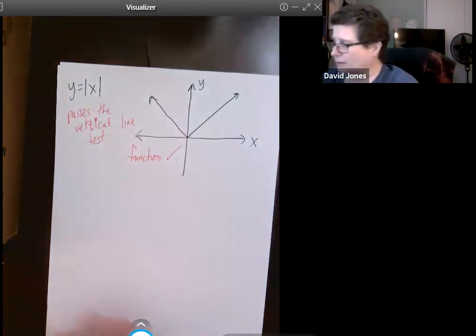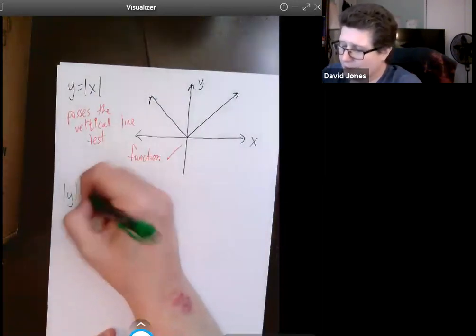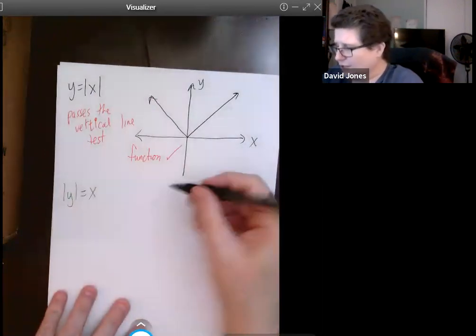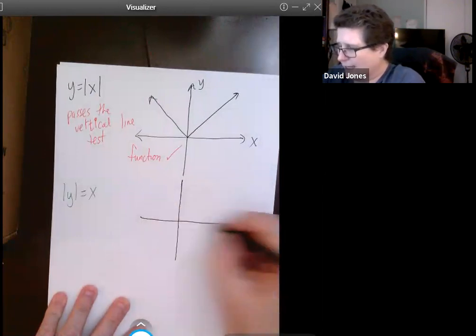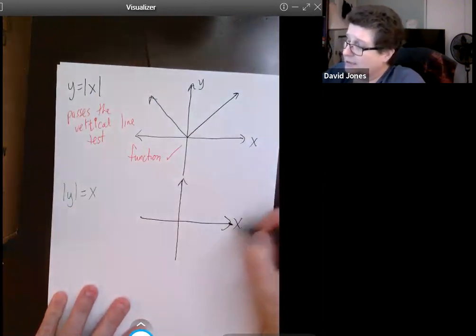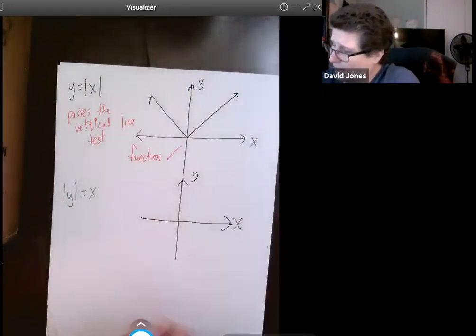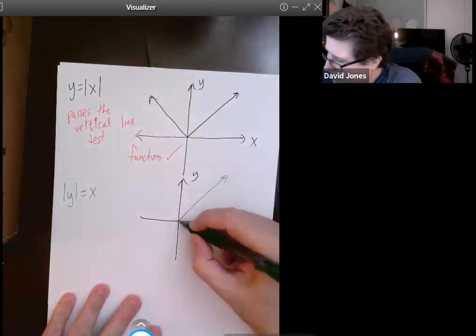If I do the other way around, the absolute value of y equals x, if I stick in negative values for y, I get positive x. And if I stick in positive values for y, I get positive x. The absolute value of y equals x gives you a graph that looks like this. That part's the same, but now it's like that.